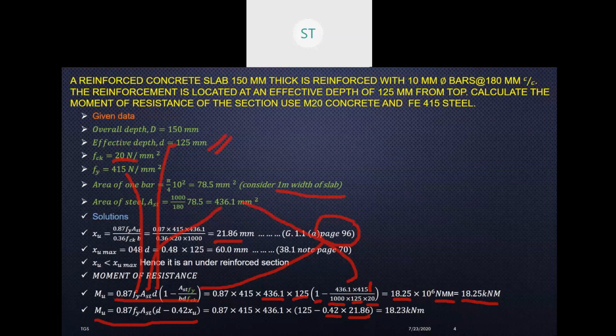D is 125. AST is 436.1. Fy is 450, 0.87. Then solving this, we get 18.323 kilonewton meter. Here solving we get this 18.23 into 10 raised to 6 Newton millimeter, then convert it into kilonewton meter.